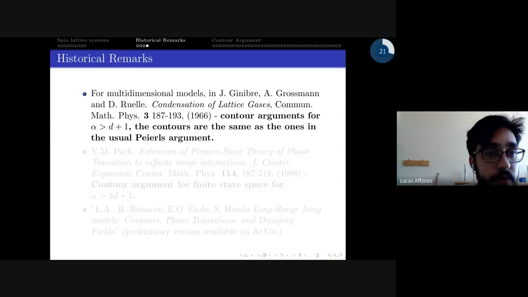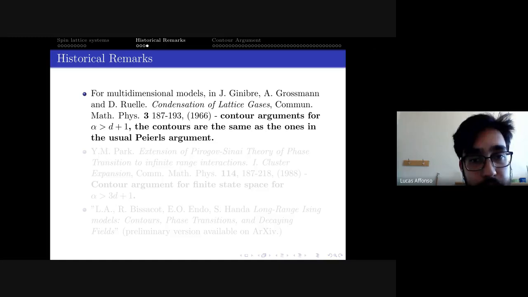And what happens for multidimensional models? We have this result by Fröhlich, Israel, Lieb, and Simon, where using the usual Peierls contours, they proved a phase transition using a Peierls argument, but for the decay of the interaction being larger than d+1.